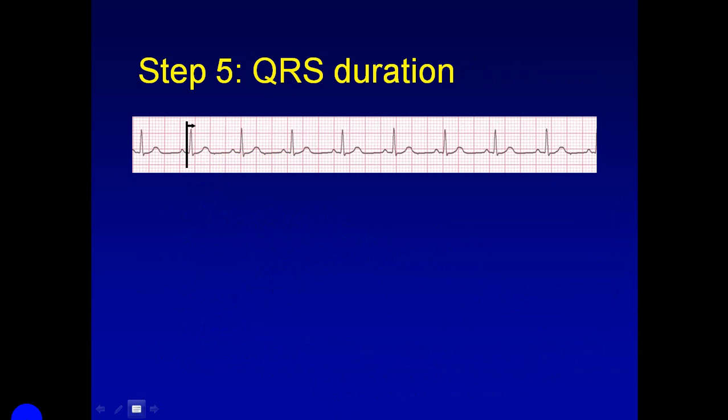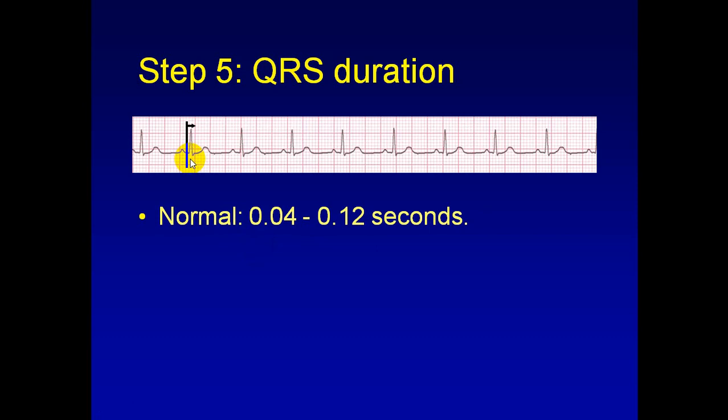The fifth thing is the duration of the QRS complex, from the beginning of the Q to the end of the S wave. Usually this duration is one small box to 3 small boxes, 0.04 to 0.12 seconds. If it's more, we say it's wide.